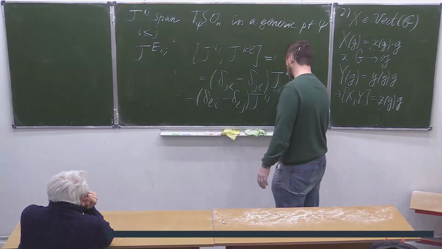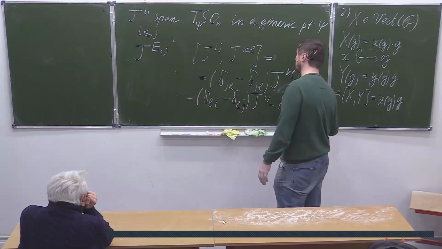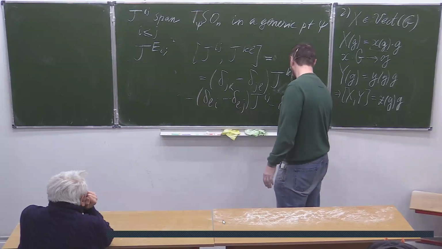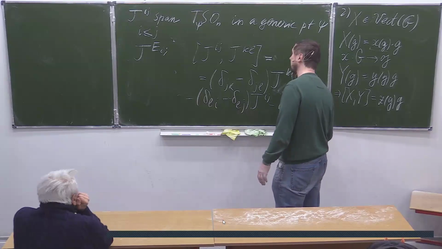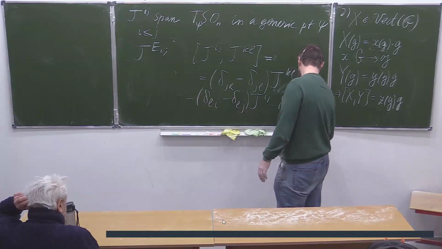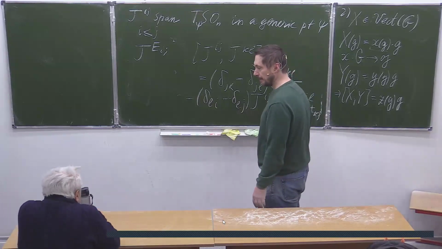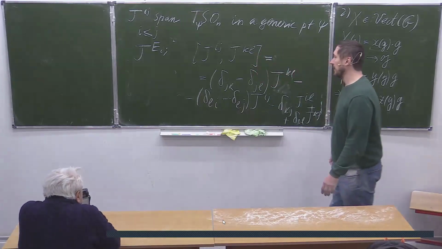So it's delta jk T il kj plus delta ki T kl ... Yes, this is more or less clear.